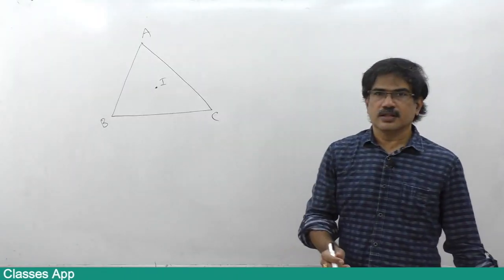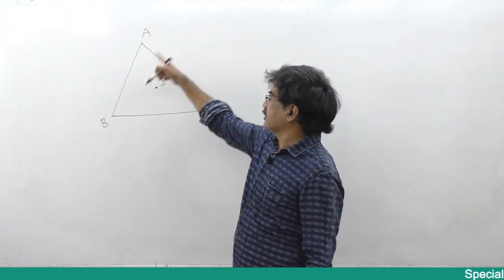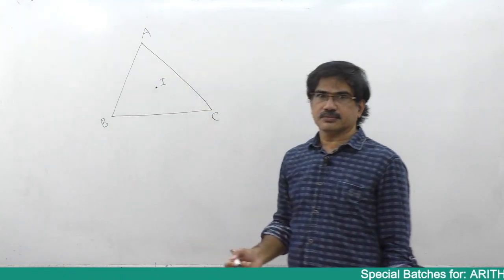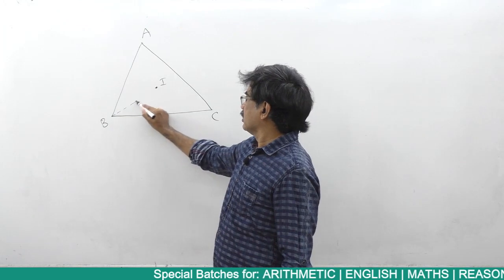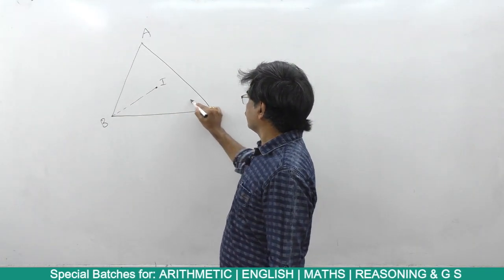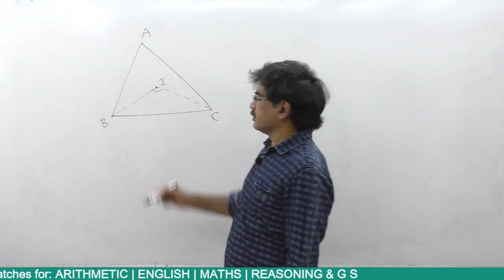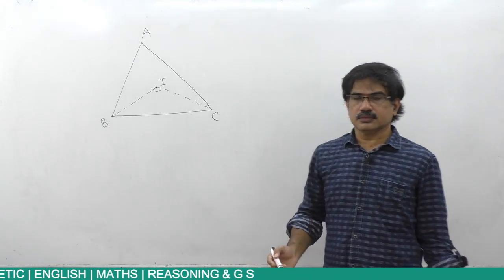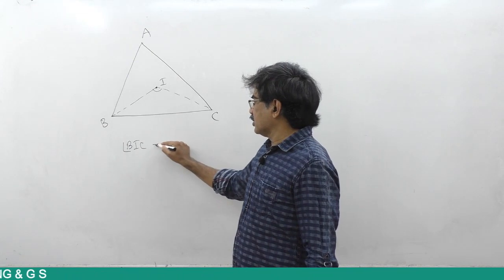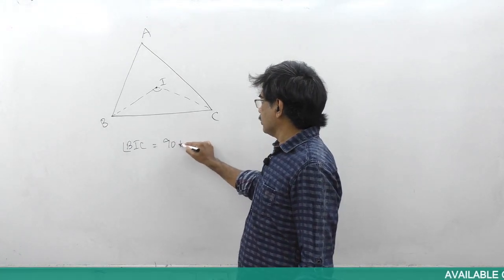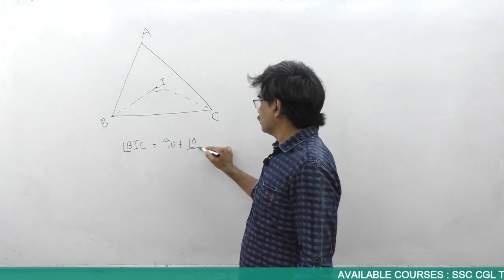Next, if I is the incenter of triangle ABC, then what is angle BIC? What is this angle? Angle BIC is equal to 90 plus angle A by 2.